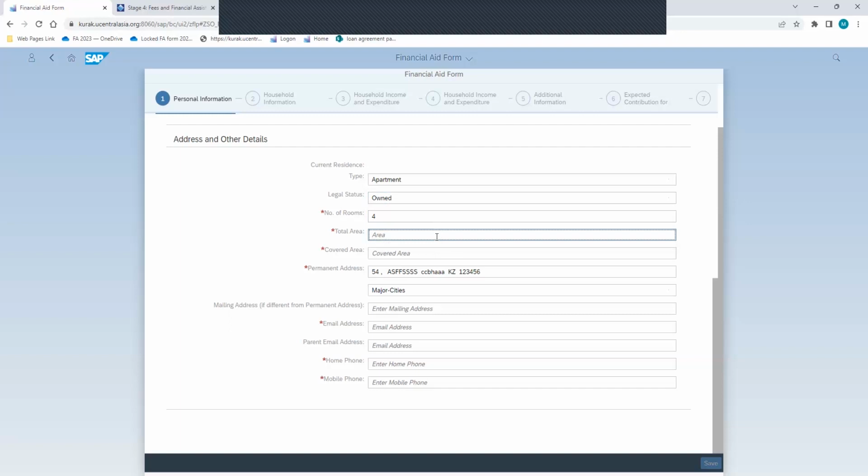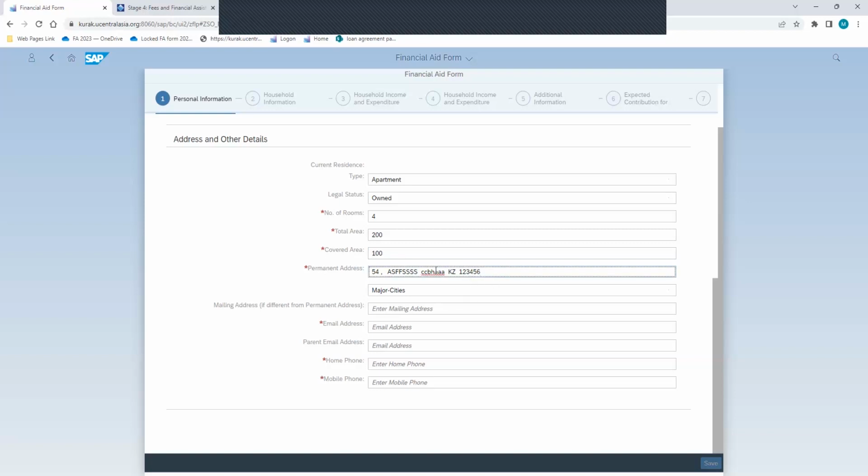Total area. Usually this question is related to the overall area of the household. So assume we have 200 square meters of total area, and the covered area is the apartment that might be 100 meters.